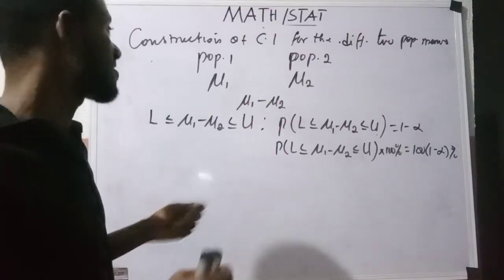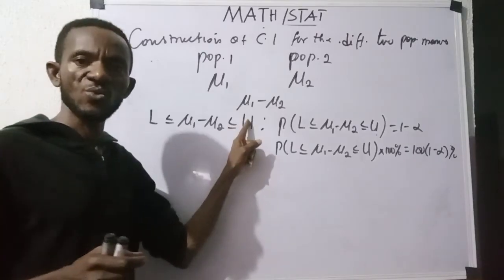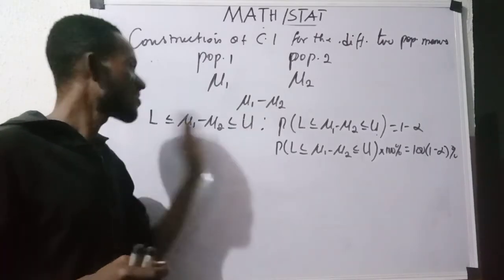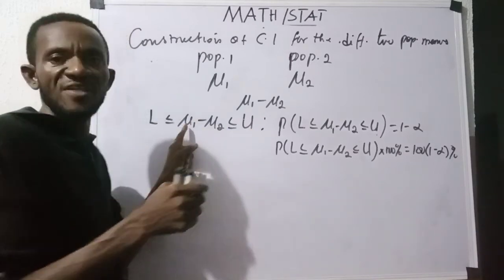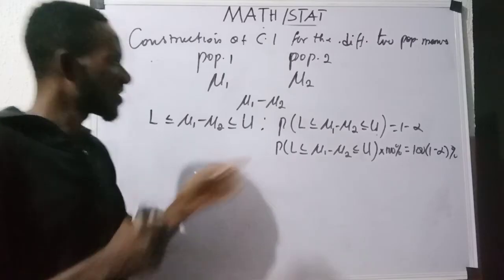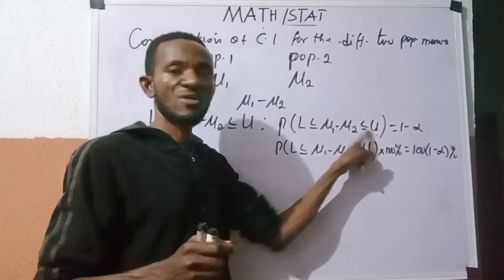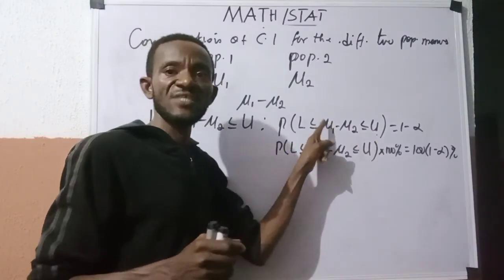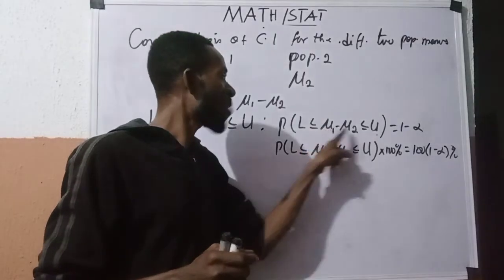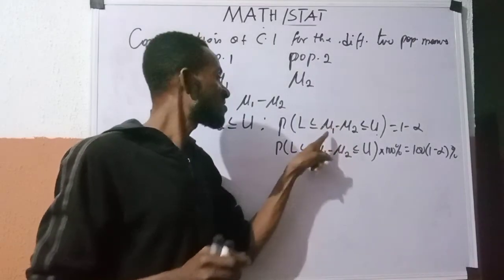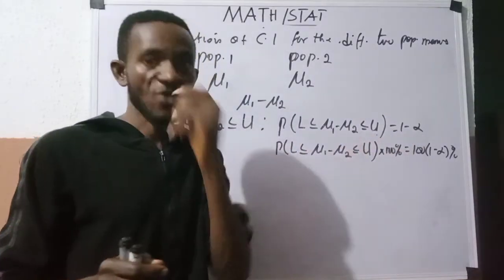So our interest here is how do we obtain the true values of L and U, which are the lower class limit and the upper class limit that are going to bound or contain the difference between the two population means, mu 1 minus mu 2, with 1 minus alpha level of confidence.